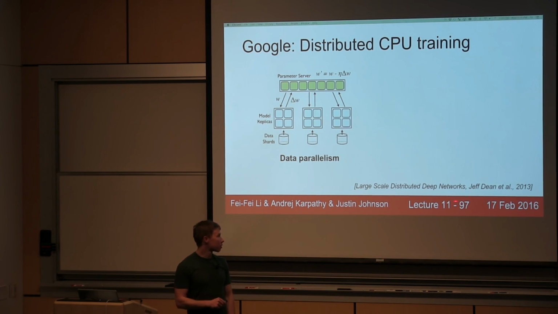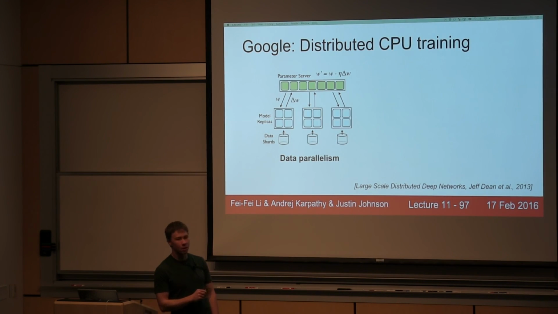There's a cool paper from Jeff Dean a couple years ago that describes this in a lot more detail. You use data parallelism, where each machine has an independent copy of the model, and each machine is computing forward and backward on batches of data. But now you have a parameter server that's storing the parameters of the model, and these independent workers communicate with the parameter server to make updates on the model.